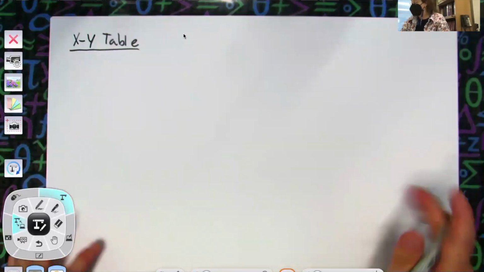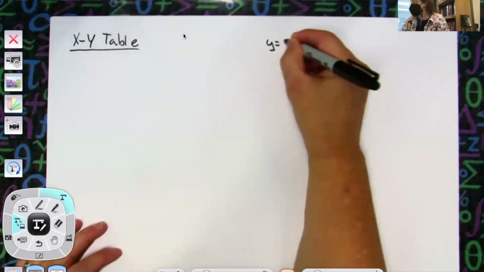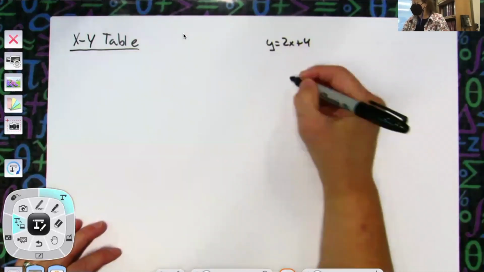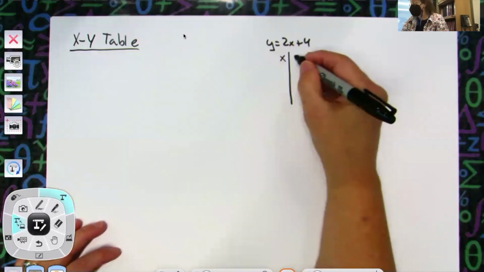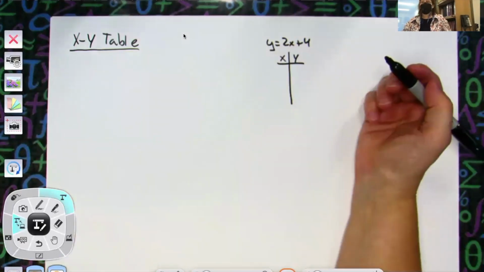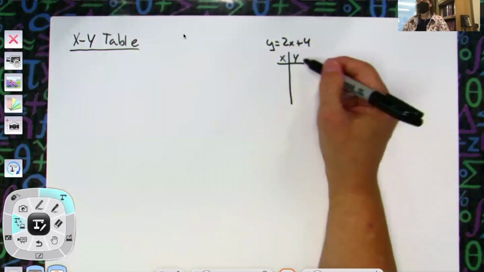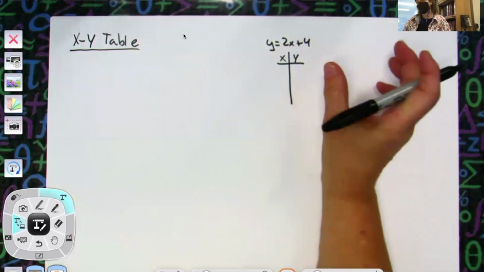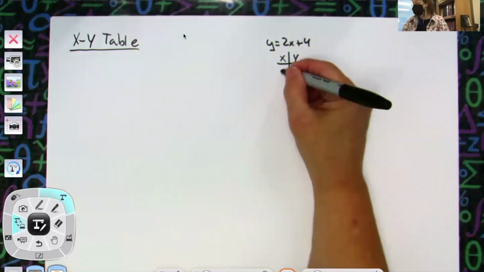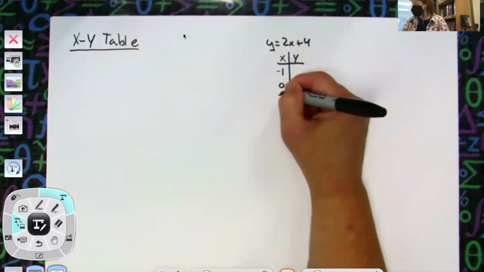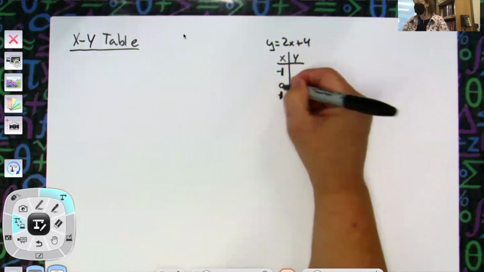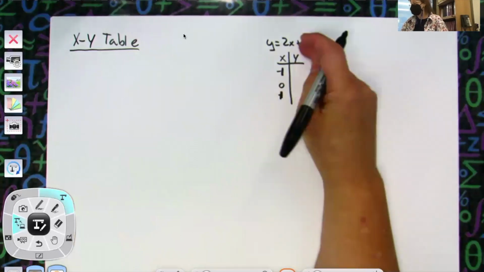So if I had something like y equals 2x plus 4, you probably made, when you were in about 7th grade, maybe even 6th grade, a little thing like this called an XY table. It might have even had the middle section in there. We told you to put numbers in like -1, 0, +1. Plug it into the equation, work it out.